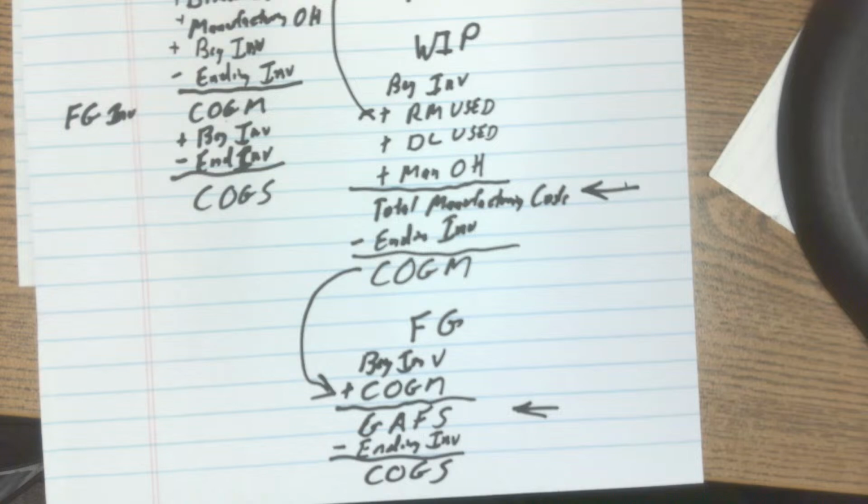Time is precious on exams, so you may want to do it that way, unless I'm specifically asking for total manufacturing cost or something like that. But I think those are important numbers. So that's our flow of goods, flow of costs through the goods.